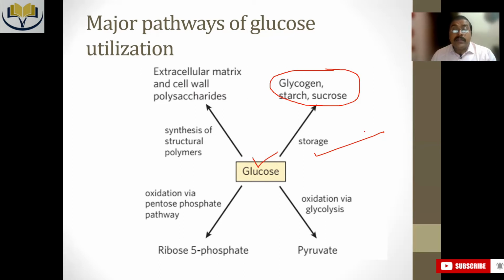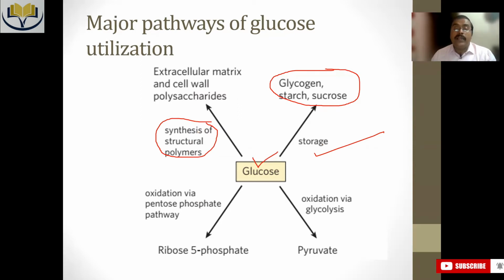Now, this glucose is actually playing a very good role in the production of structural polymer. What is structural polymer? We all know that plants have a cell wall.